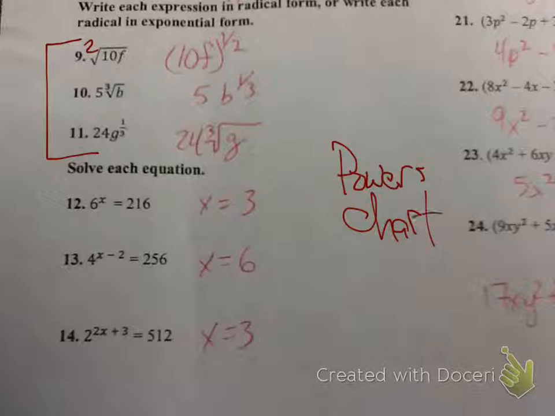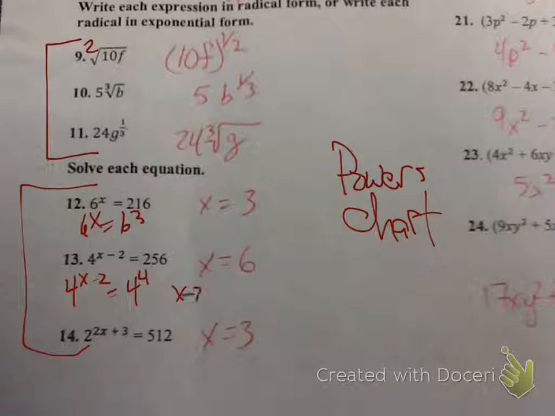If you have a powers chart, that would help you immensely for this, because you could easily look up that 216 is 6 to the 3rd power and say, well, now this is equal, so I can say x equals 3. Or here, say that 4 to the x minus 2 is equal to 4 to the 4th power, and then say x minus 2 equals 4, add 2 to both sides to get x equals 6.